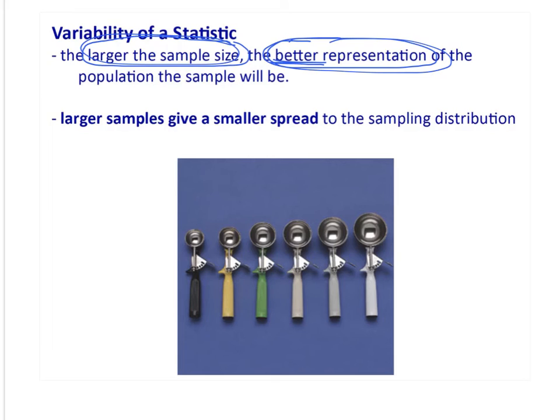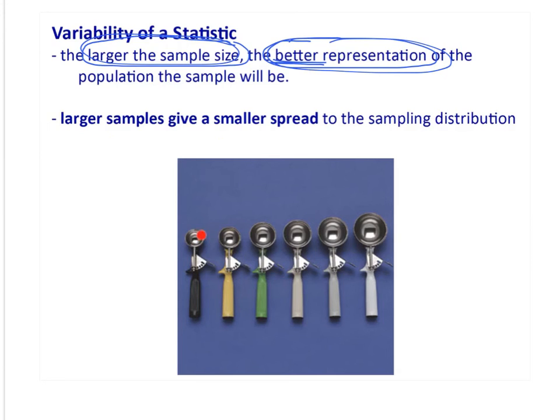I like to think of it like an ice cream scoop. I love Moose Tracks ice cream. Moose Tracks ice cream is my favorite. And in Moose Tracks, there's like fudge and peanut butter cups and caramel swirl and chocolate fudge and all the good stuff. But if I take a tiny scoop of Moose Tracks, I'm not going to get everything in that tiny scoop. I'm probably only going to get vanilla, or maybe a little bit of chocolate fudge with vanilla.